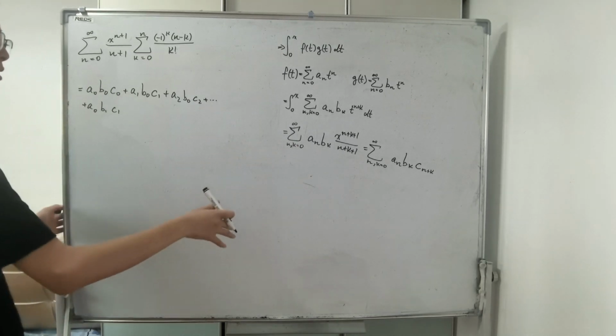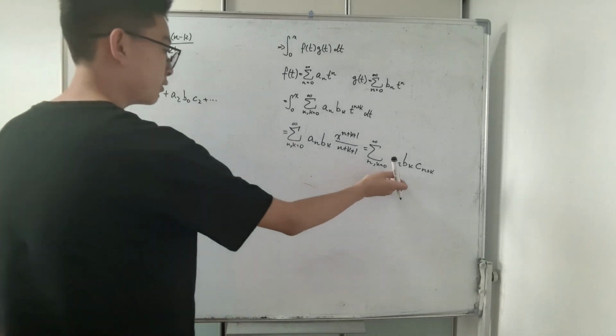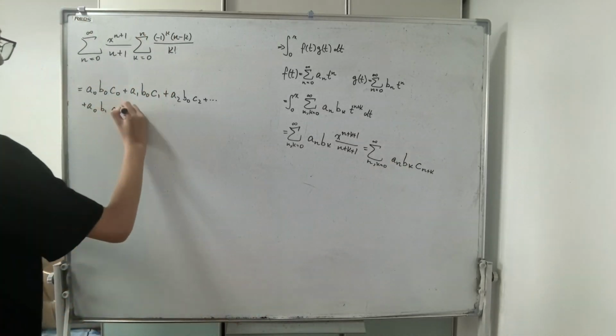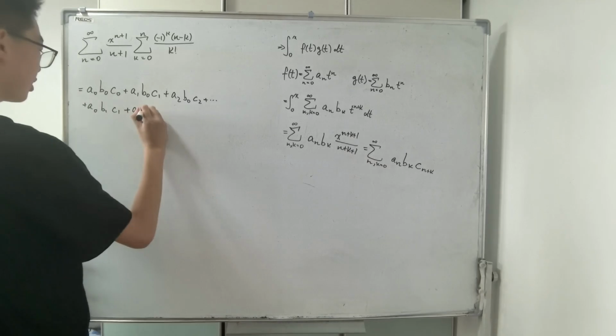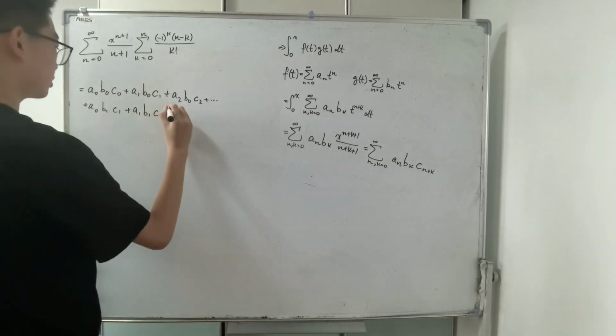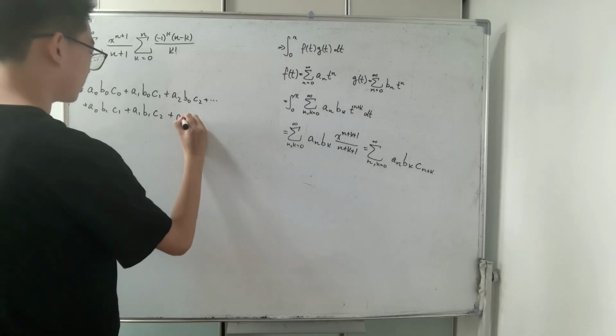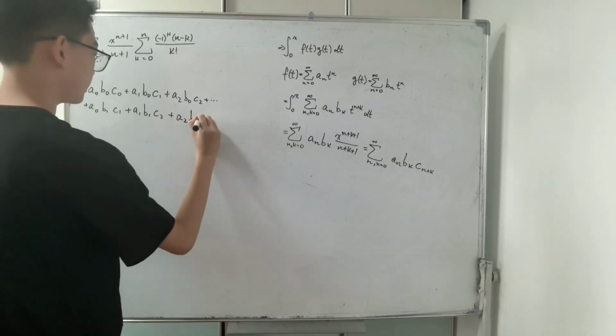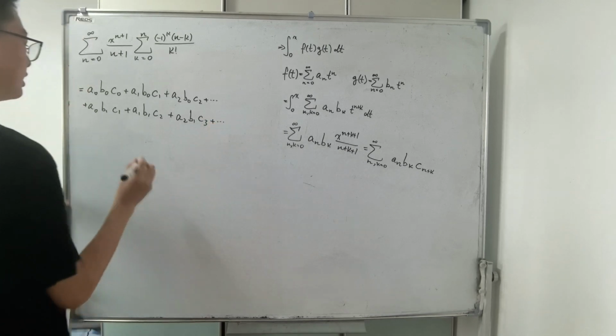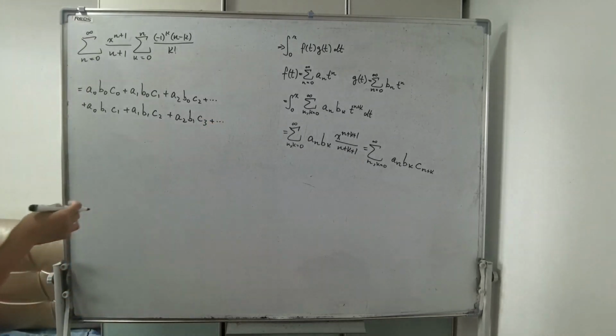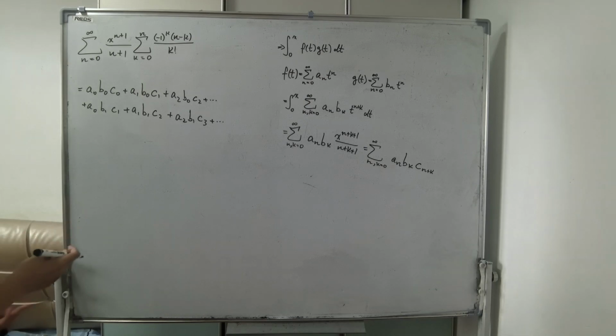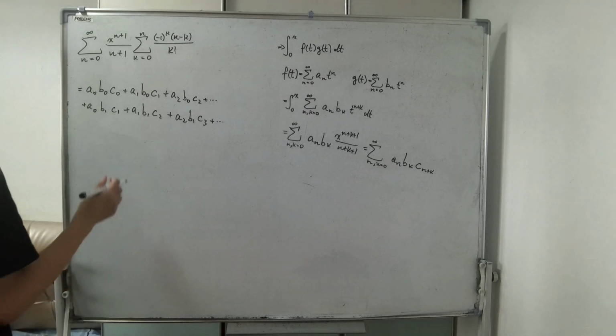That's what that sum does, by the way. It sums over all of n and k being positive, and then plus a1 b1 c2, plus a2 b1 c3, and then plus, and I'm not going to write down this third row. I suppose it would make things clearer, but I think it would be mostly just a waste of time.